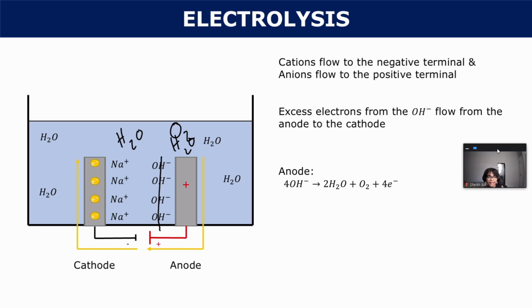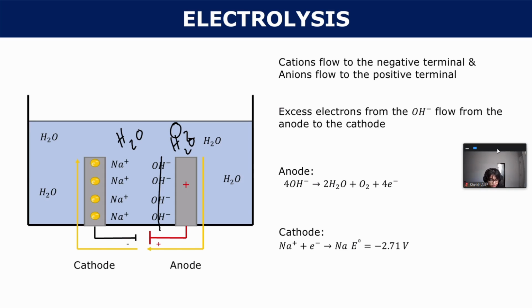Now, you might expect at the cathode for a reaction like this to happen. So the sodium gets the electron and it turns to just solid sodium. The problem with that is that its cell potential is really, really low. It's negative 2.71. The cell wants to do the reaction that has the highest electrochemical potential.